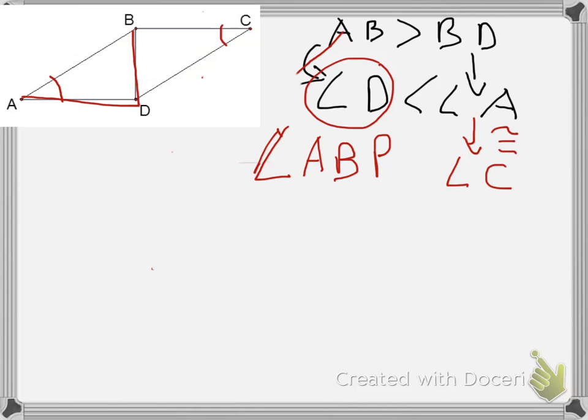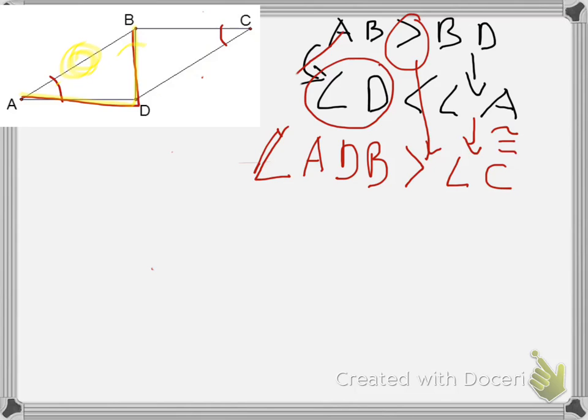Oh, I can't write today. Okay, so we automatically know that this angle should, because of this here, be bigger than angle C. Angle ADB is controlled by this side here.